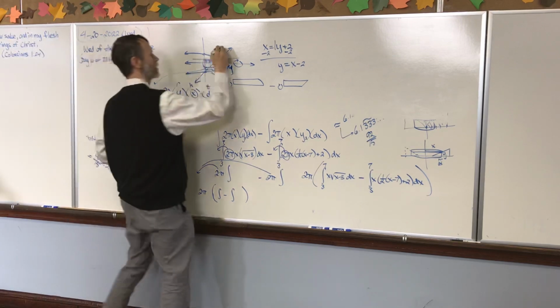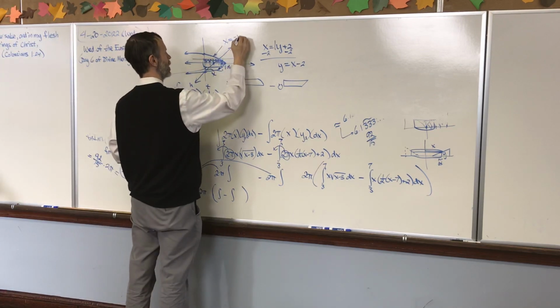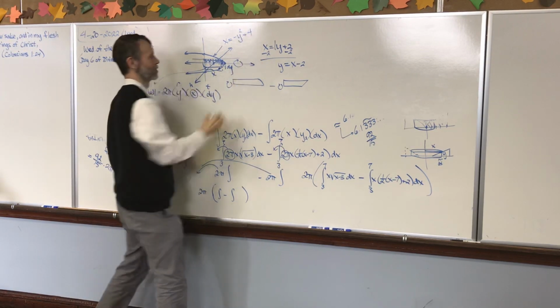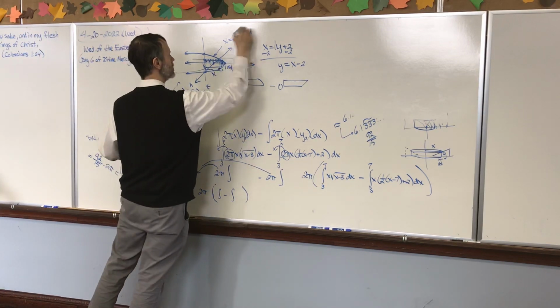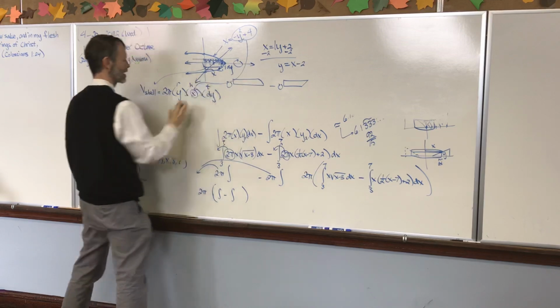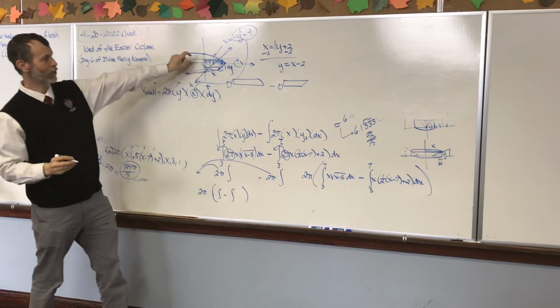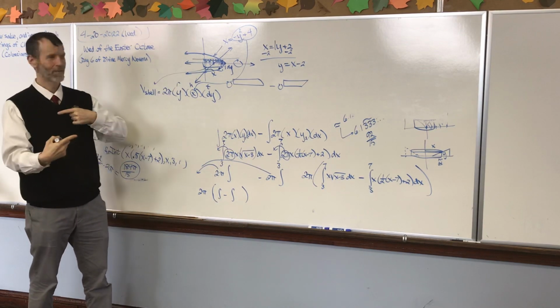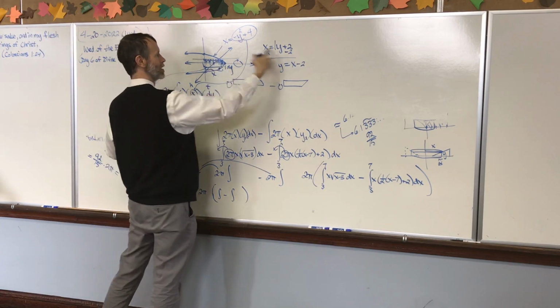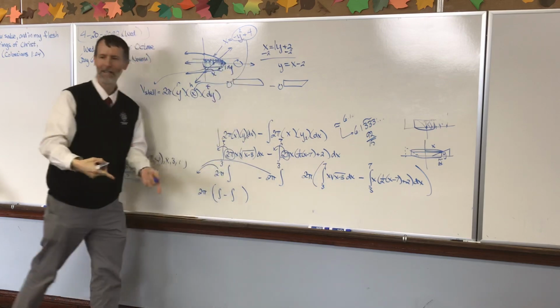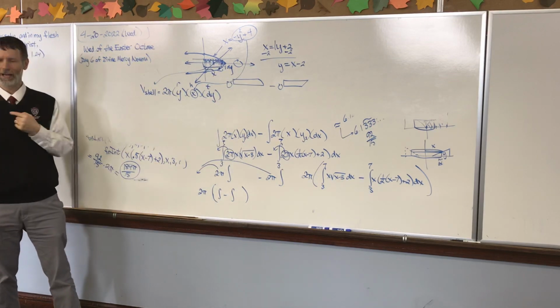Now, by the way, this function is x equals negative y squared plus 4. You use this in place of x. That'll get you the entire region spun. Then what you have to do is do this region spun as a separate integral and subtract it away.